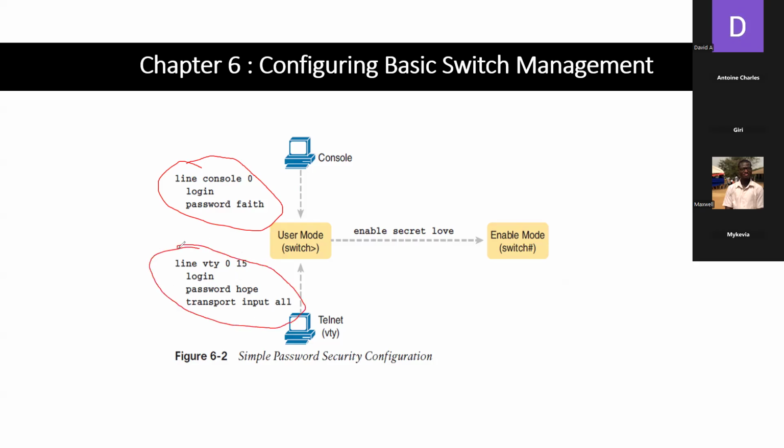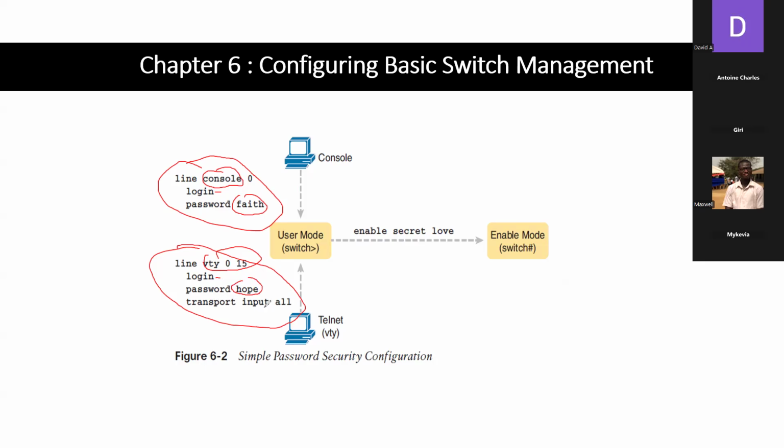We would tell the switch, whenever somebody gets in using these methods, prompt them for login, and here's the shared password. So if they're using console, the password they're supposed to use is faith. If they're using virtual terminals, their password is hope.